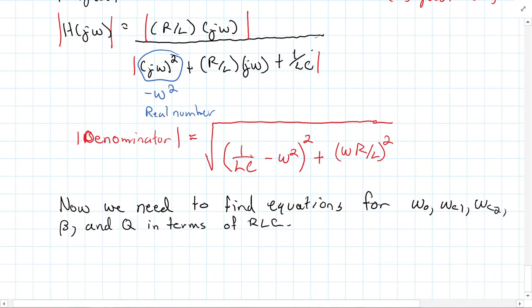We need to find equations for omega 0, omega c1, omega c2, beta, and Q in terms of R, L, and C, because we want to be able to design a circuit that has these parameters.